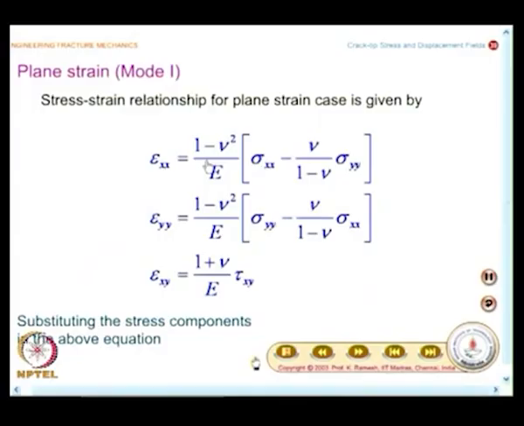And if you really look at these two expressions, can you get them from your plane stress case by making some modification to Young's modulus and Poisson ratio? In fact, you can do that. If you look at that expression, instead of Young's modulus, you take it as E by (1 minus nu squared). Instead of Poisson ratio nu, you put it as nu by (1 minus nu). You will get from plane stress to plane strain.